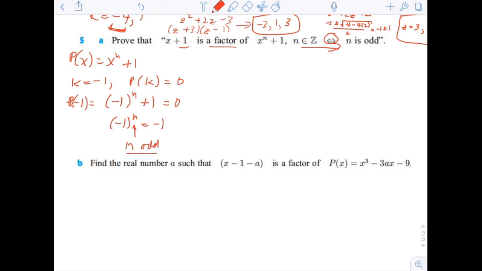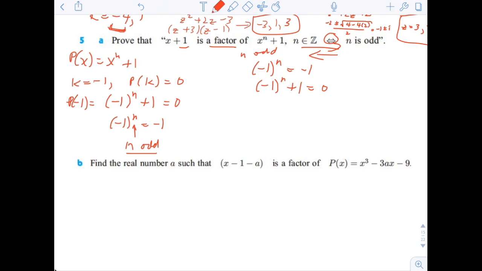If we're going to show if and only if, we need to show the other direction is true too. So let's start out with n odd, so that negative 1 to the n is equal to negative 1, right? As long as you have an odd n, negative 1 to the nth power is equal to negative 1. Then we could add 1 to both sides and we get that. And so now we can go in the reverse direction, right?